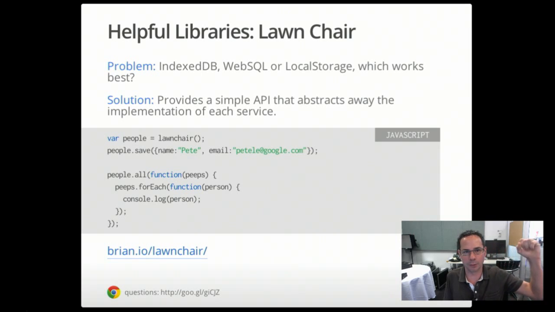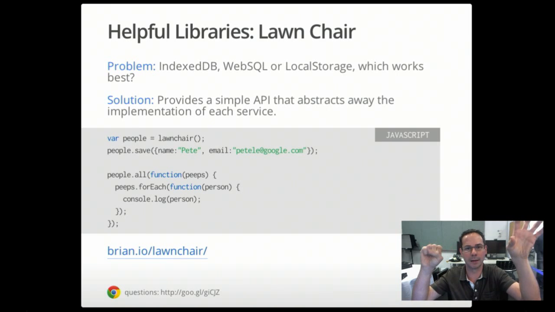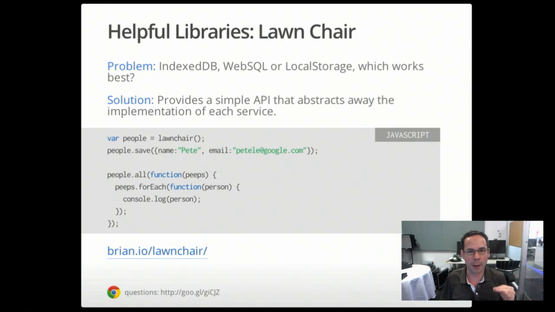So that means you're going to say, hey, get me this information, and then when you've got it, call this callback and give it this information. So by using something like Lawnchair, Lawnchair is really smart in that it goes, okay, great. You're telling me that your preferred provider is IndexedDB, but if you don't have that, I should use Web SQL. But if I don't have that, I can use local storage.